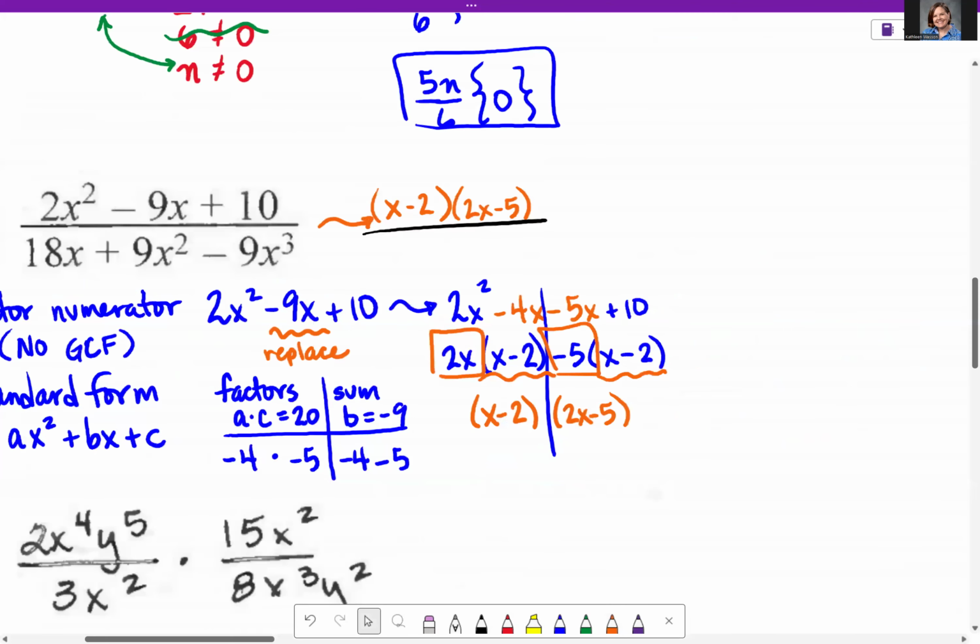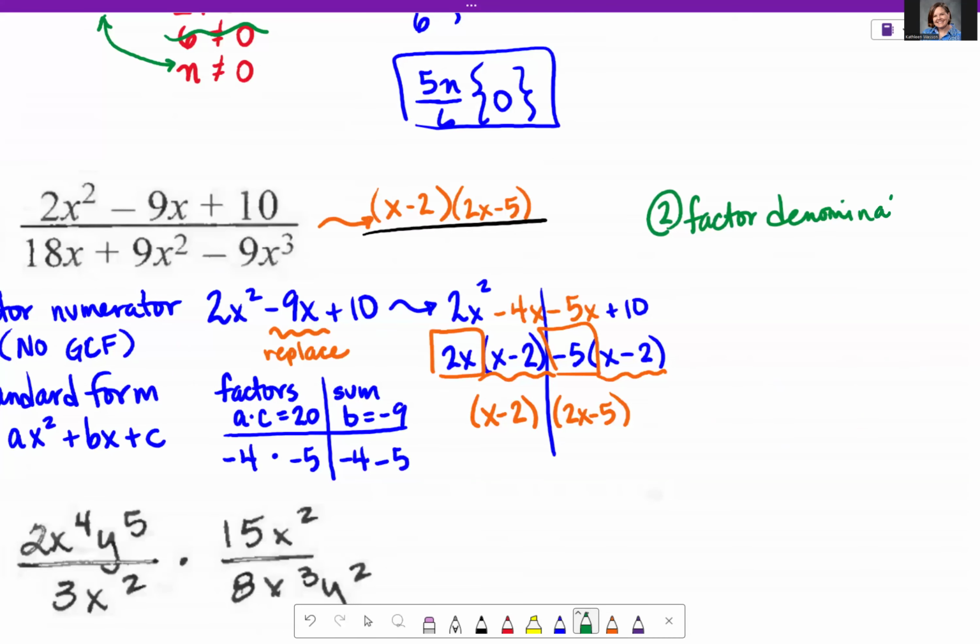When I factor the denominator, let me get this set up over here. I want to rewrite this in standard form, which is in order by degree.